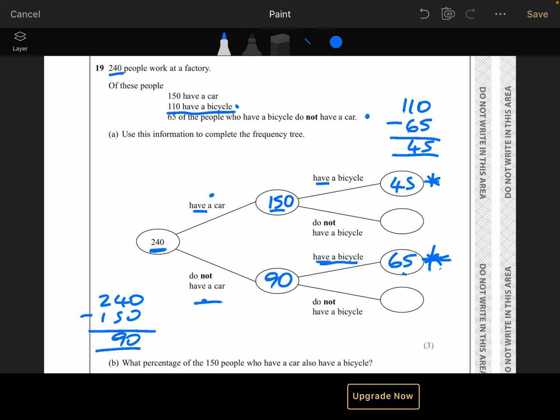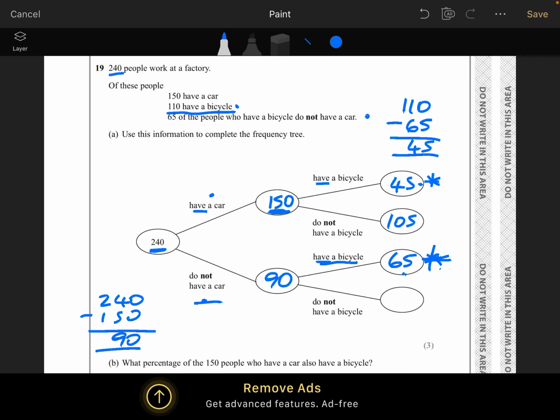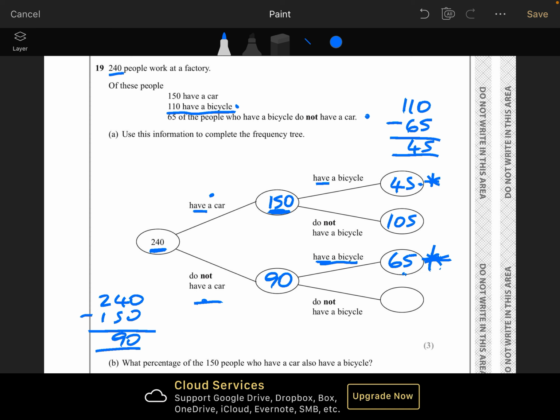So we've got most of the information down now. Looking at the top branch, there's 150 people here, 45 are here, so 150 take away 45 is 105 and will go in there, and 90 take away 65 will give me 25 there. Okay, a bit complicated that.